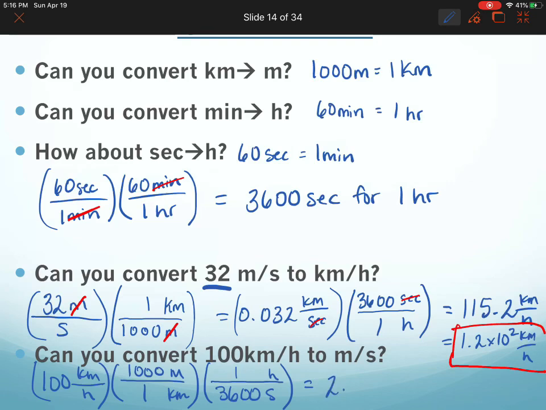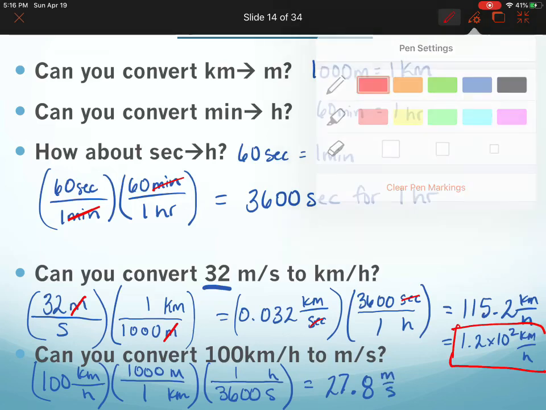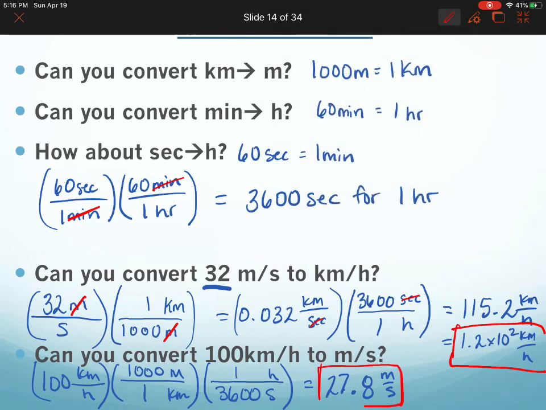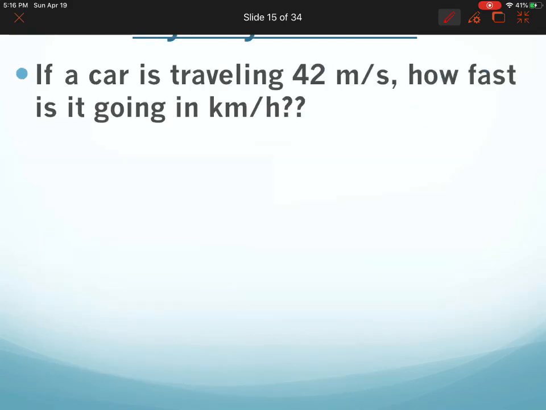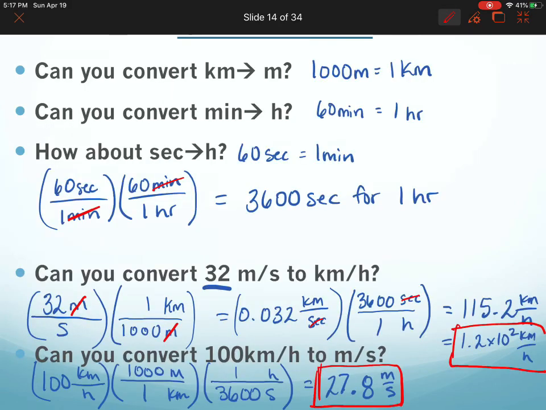And that is 27.7 continuing, which we can round up to 27.8 meters per second. And that is 3 significant digits, just like our question was, which is perfect. There we go, that's how we do that.